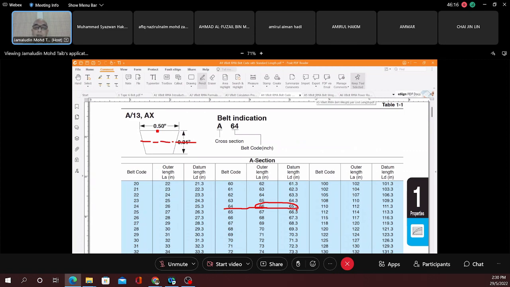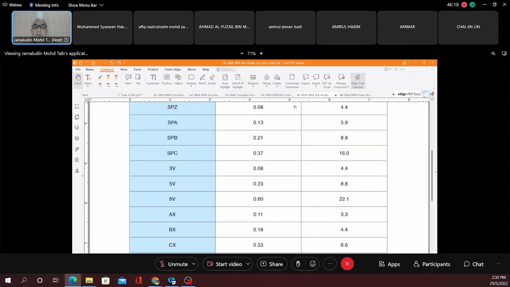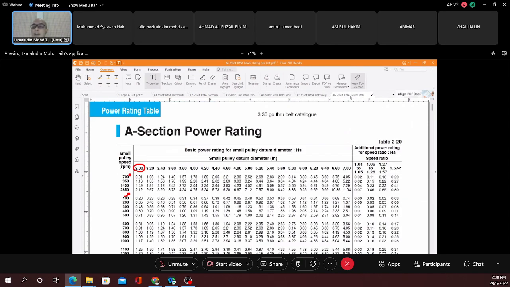The belt's other properties will be A5, and power rating is going to be A6. You should get the idea of all the types of catalog here. There's 1, 2, 3, 4, 5, 6. Remember that. Right, we start with our example now.